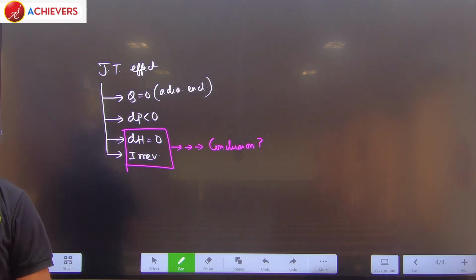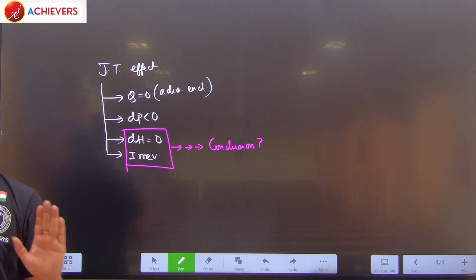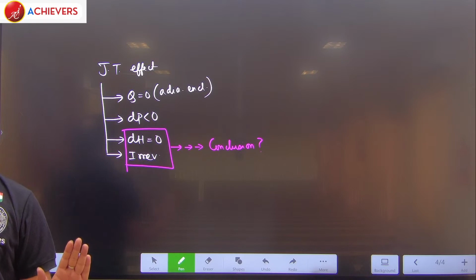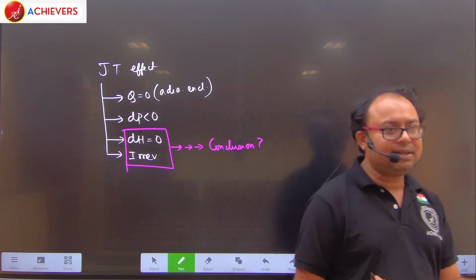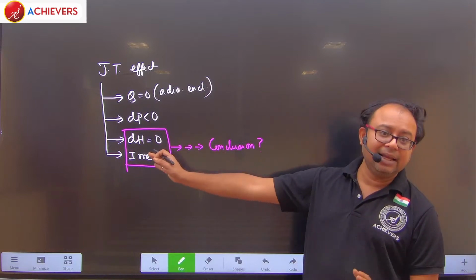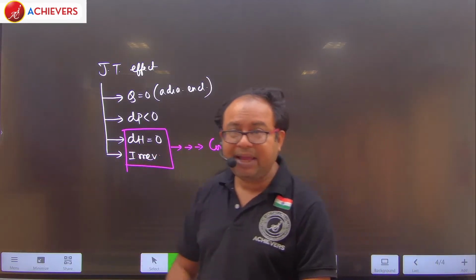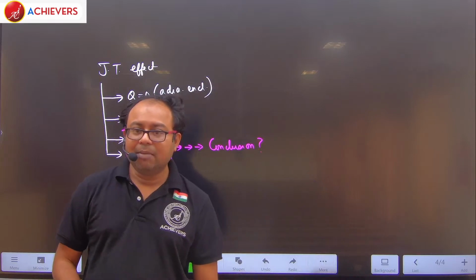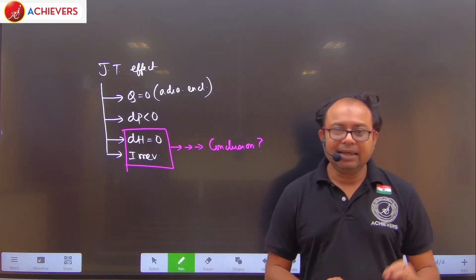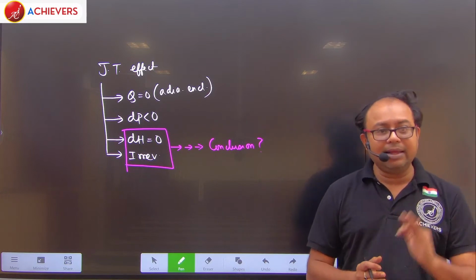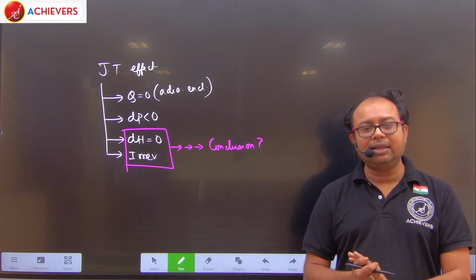But the Joule-Thomson effect is not an isoenthalpic process. So there is a fallacy. Apparently, as dH is 0, the process seems to be isoenthalpic, but in actuality, the JT effect is a non-isoenthalpic process.